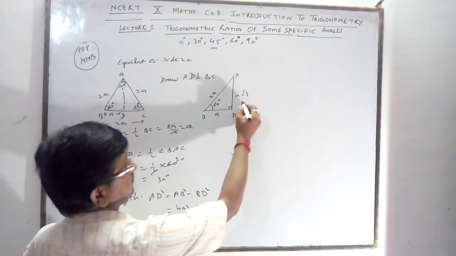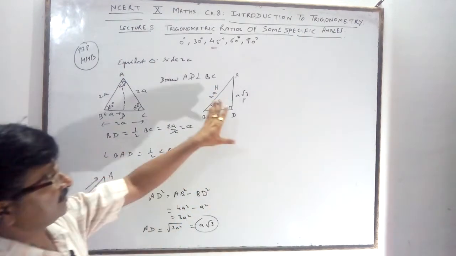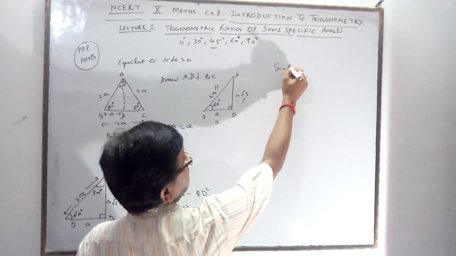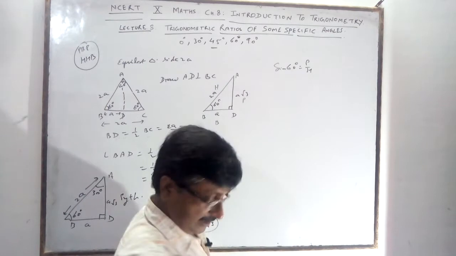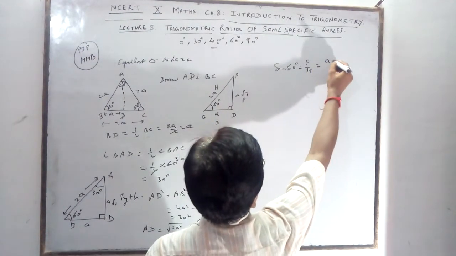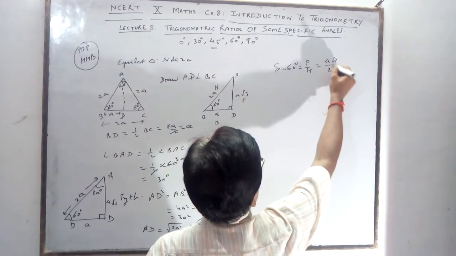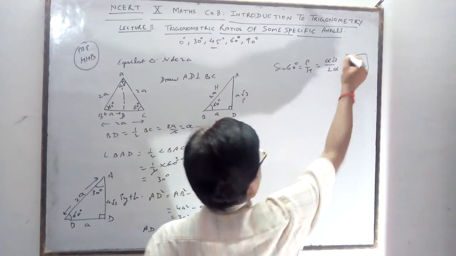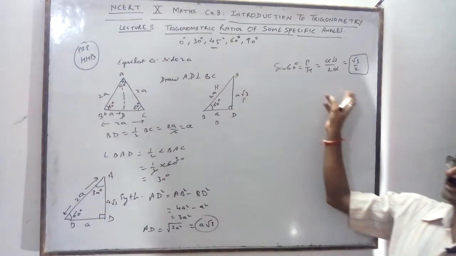So here it is a perpendicular, it is base and it is hypotenuse for the 60 degree. What is sin 60? Sin 60 degree is P upon H. What is the P for this? A under root 3 by H 2A. A and A cancel. What you are getting? Root 3 by 2 is the value of sin 60.